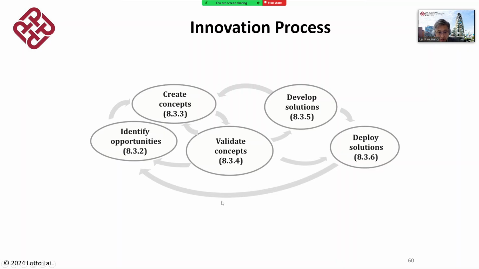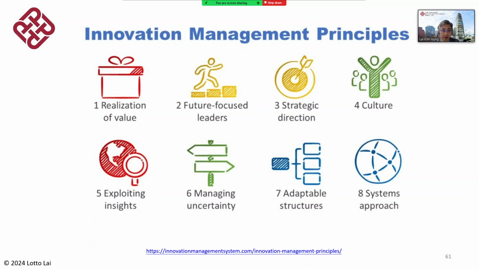This innovation process is very similar to Peter Pira's proposed: identify opportunity, create concept, validate the concept, develop the solution and deploy the solution, and going forward and backward is the concept of design thinking. So they are combined together.